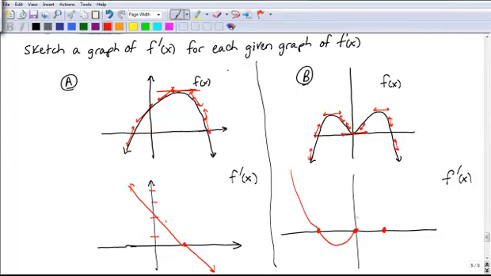So we can look at why that works. The slope is 0, the y value is 0. Now the slope is a negative number, the y value is a negative number. The slope is still negative, but it's getting closer to 0 again. Here the slope of that tangent line is 0. Here the y value is 0.